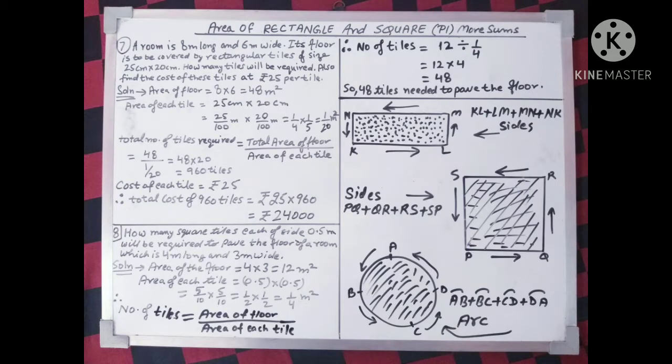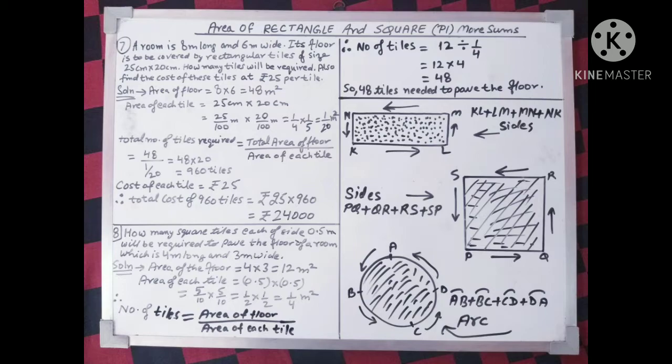So now let us see the question number 7. The question is, a room is 8 meter long and 6 meters wide. Its floor is to be covered with rectangular tiles of size 25 centimeter by 20 centimeter. How many tiles will be required?